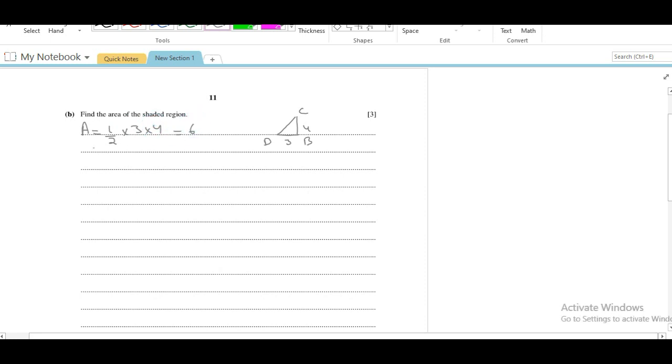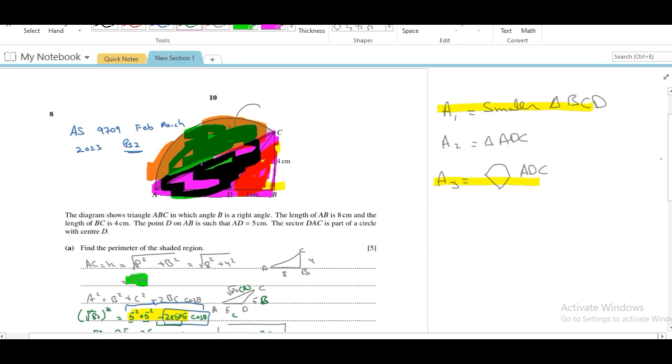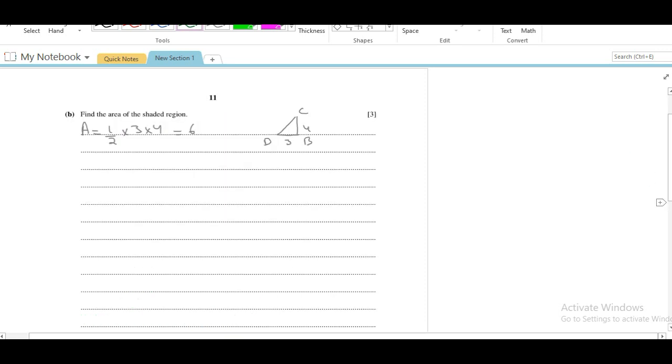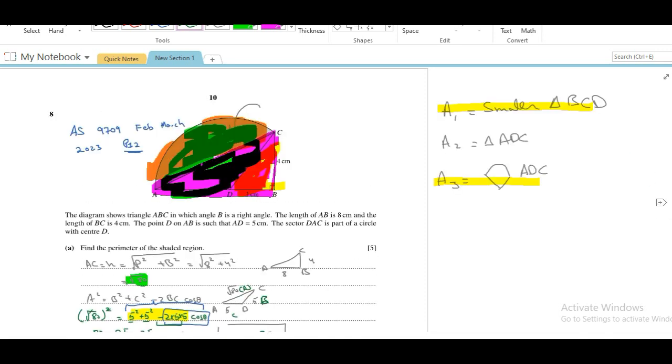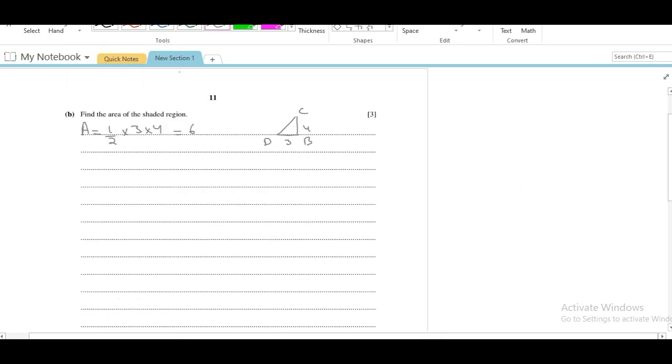This is the area of the smaller triangle A1. The next step was to find A2. So A2 is the bigger triangle whose dimensions are 8 and 4. Area equals half 8 times 4, which equals 16.